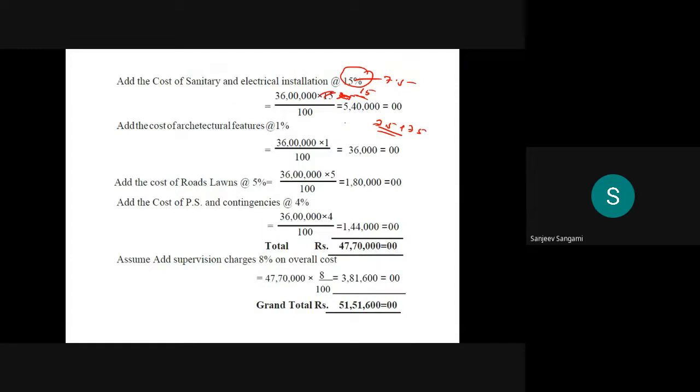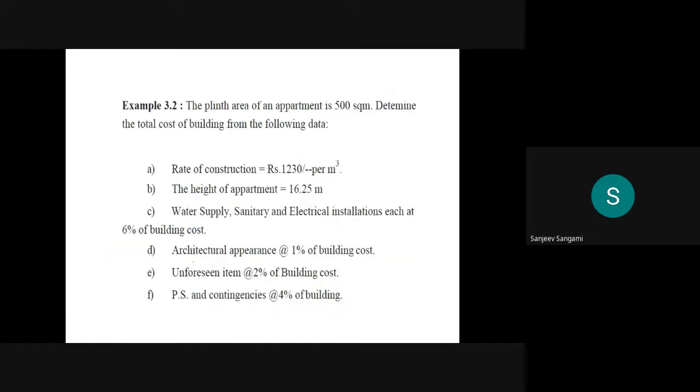Actually, it is an assumption. He has not told how much supervision charges you have to add. If you want, you can add it. Otherwise, leave it. This is a very simple problem. We'll move a little bit quick.